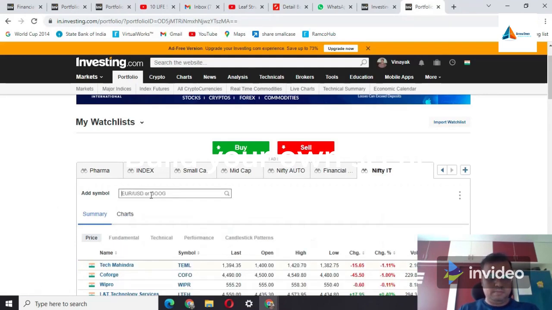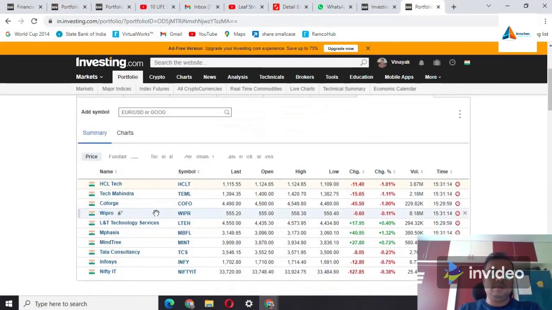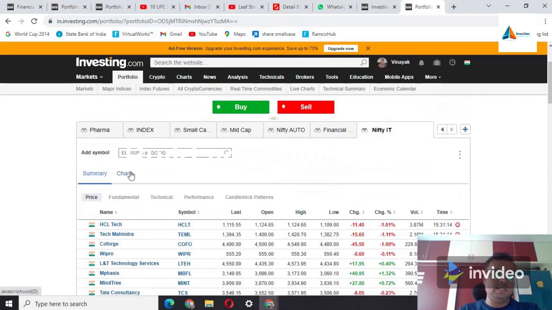TechM and HCL. So these are the entire list of the shares that constitute Nifty IT, and then we'll see how we can analyze the shares.